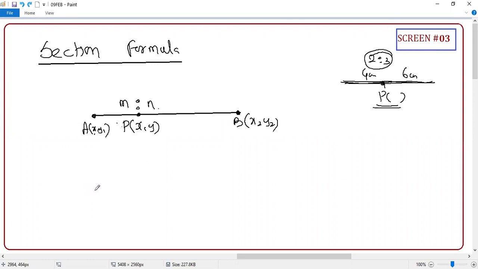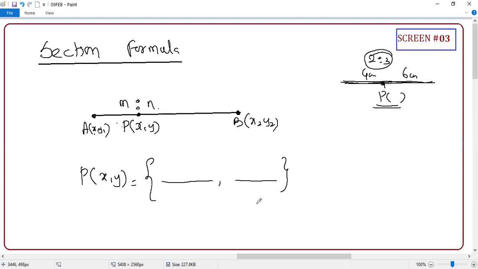The derivation is big, but guys, it's a crash course. We don't have time for deriving every result. Just remember this result that P of x comma y, the point is... Listen to the formula, whatever I'm explaining, you are going to apply the same. You are not going to memorize the formula. Even I'm not going to write the formula.